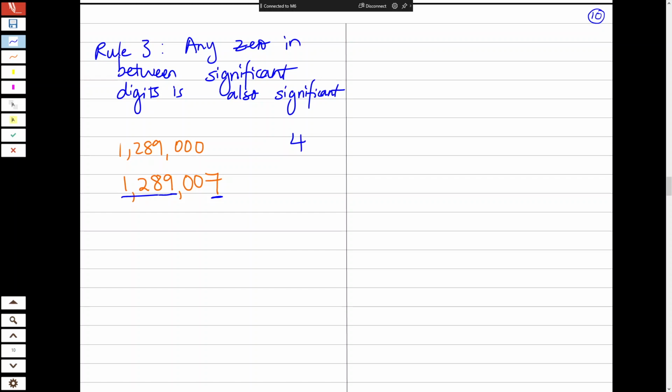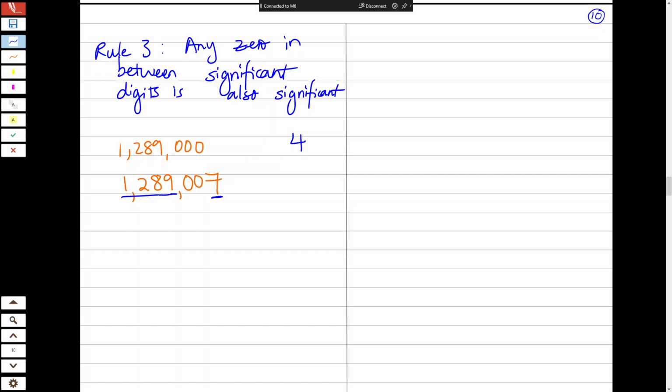Look carefully again, Lockie. So what do you reckon, Lockie? You think there's 7? Okay, Lockie has just changed his mind.